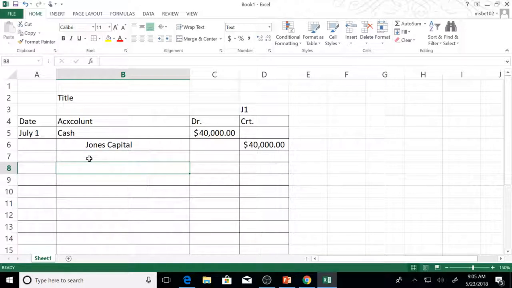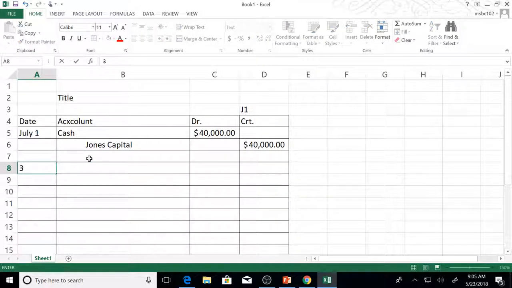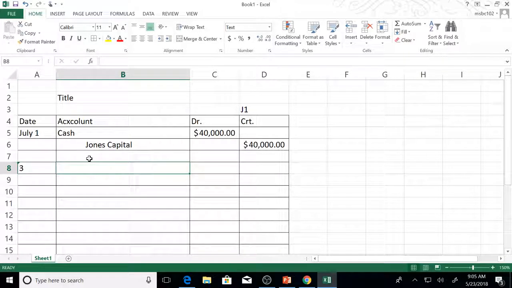Let me have some space between each transaction. Third. What happened on the 3rd? She rents an office with a Blue Design Studio. She pays $3,200. She paid for what did she rent?